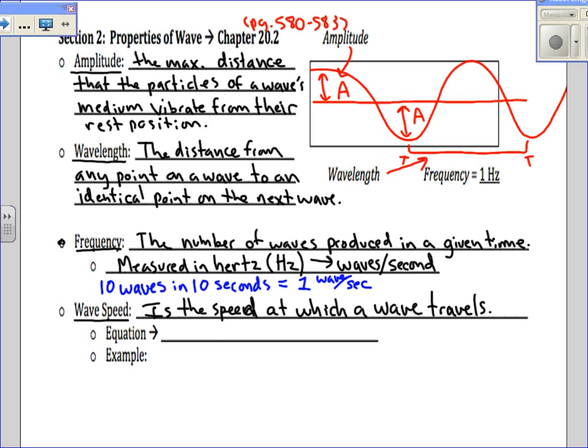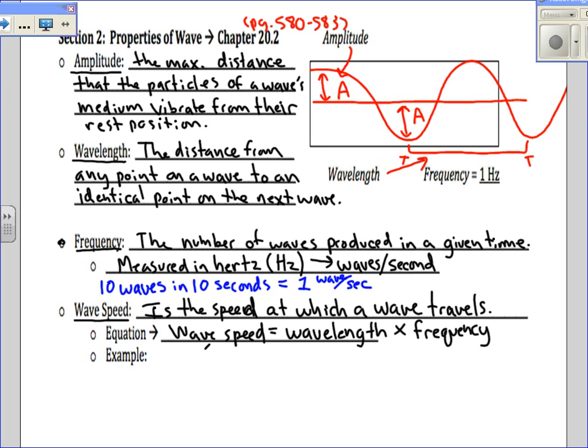Now the equation for wave speed is wave speed equals wavelength times frequency. And in the textbook, you can see that there are different letters and symbols.